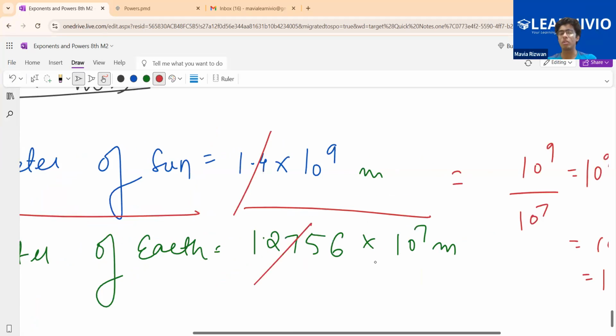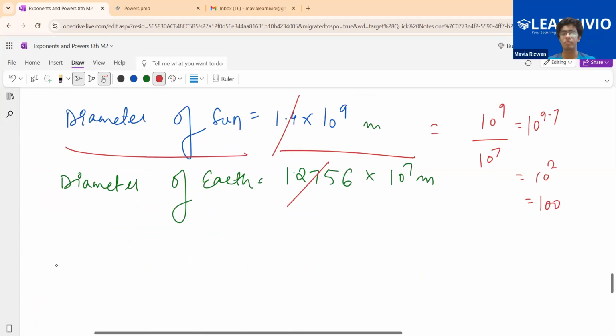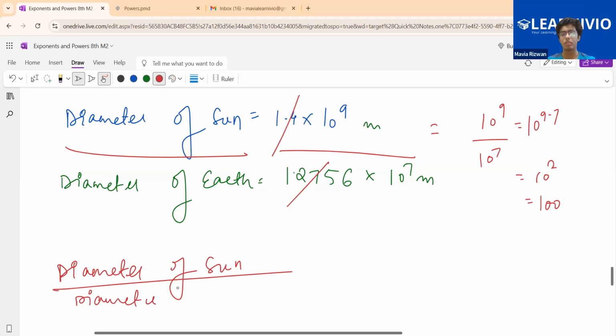So the diameter of sun by the diameter of earth is equal to 100.